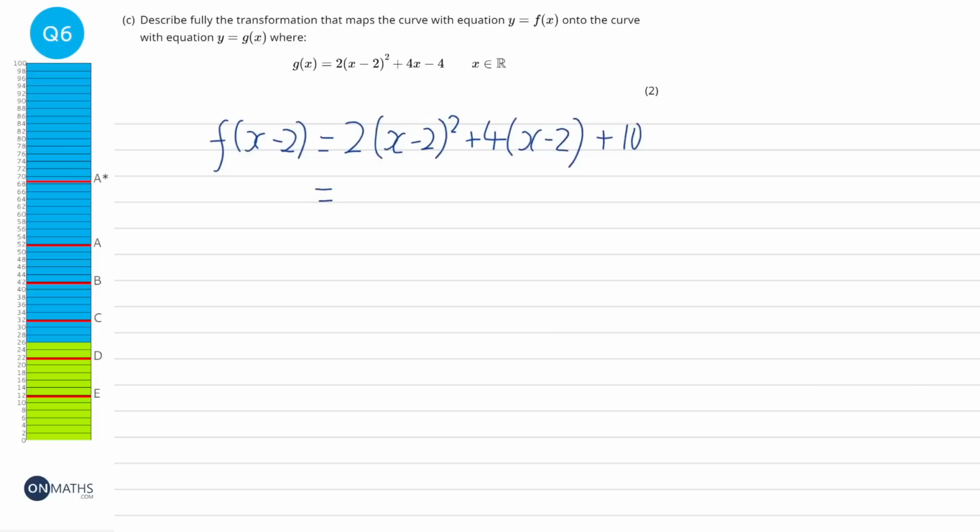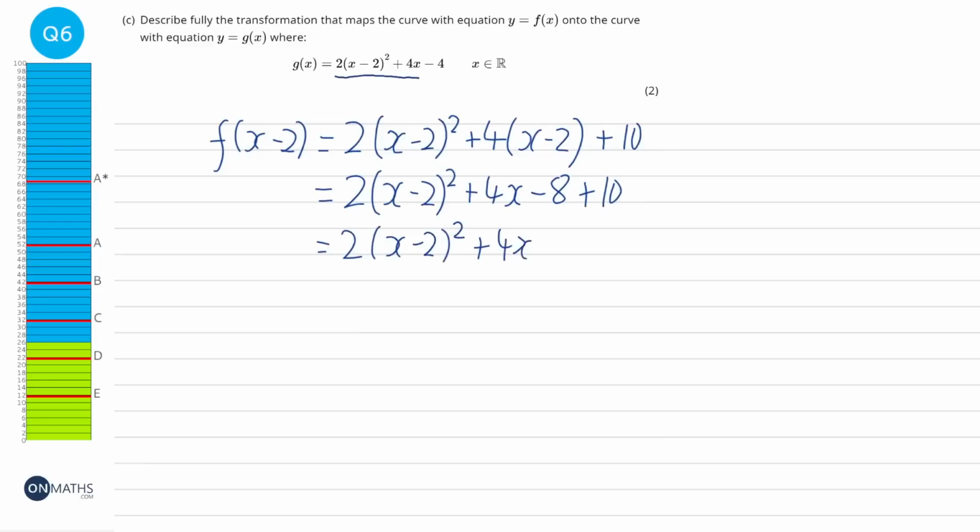Now, we're going to expand that second bit. I'm going to leave the first bit because that's actually what I want it to be. It's the same as g of x, so we don't need to worry about that. The second part, though, isn't. So let's just expand that briefly. And let's just collect those numbers. So notice we've now got the first part of g of x.